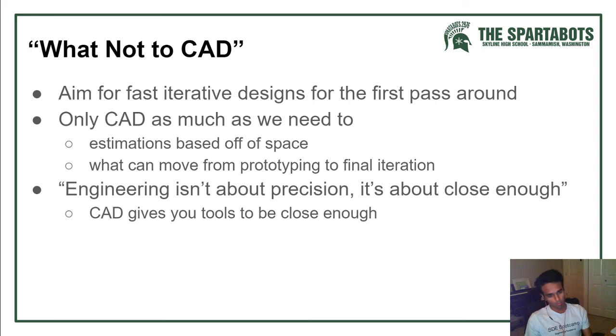Just do basic rough CADs, estimate off space, and then prototype those, and then work towards final iteration. Engineering isn't about being exactly on. It's about being as close as you possibly can. Just being close enough, and CAD gives us the ability to be close enough.